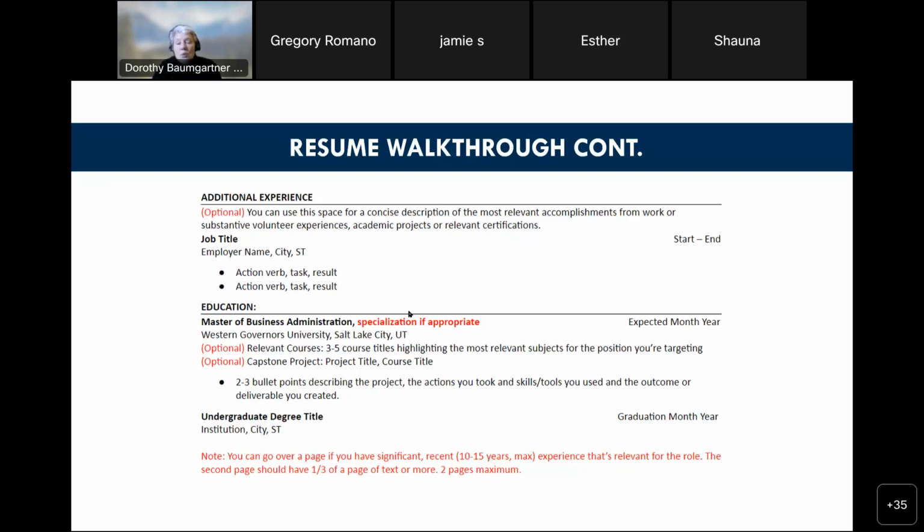That's one way you can include more of those keywords that match the job description that the algorithm is going to be looking for. So if you feel like you don't have any experience in this except for your degree, you may want to include some relevant coursework or your capstone project, which can help increase the number of keywords you have on your resume, which can help increase your score.